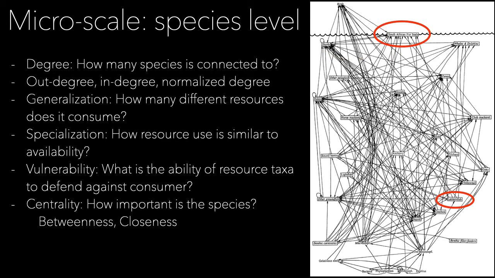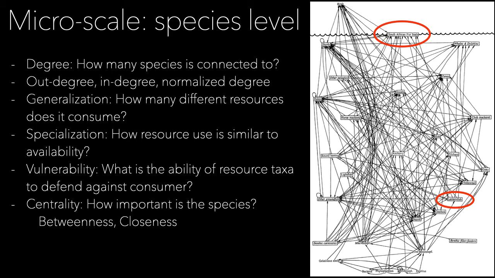Similarly, closeness centrality is also based on shortest path, but instead it is looking at the average shortest path length between a species and all the other species. So it indicates the distance to other species, how close it is.